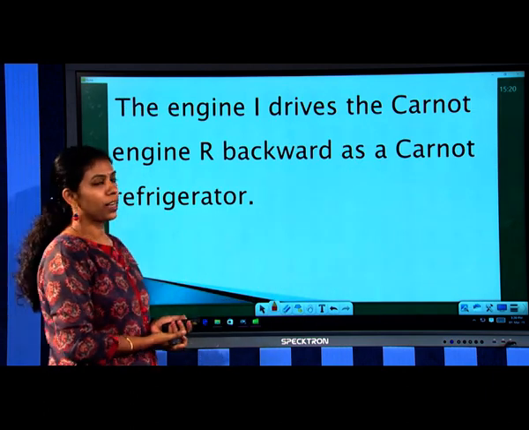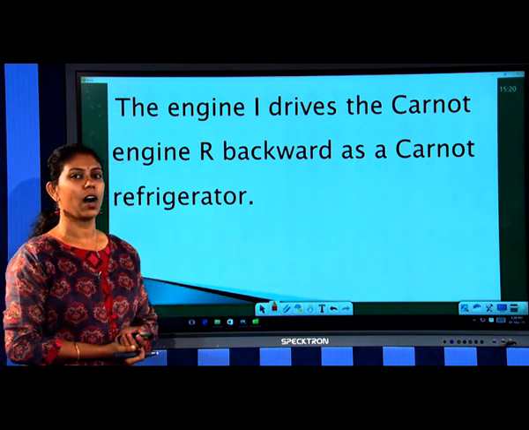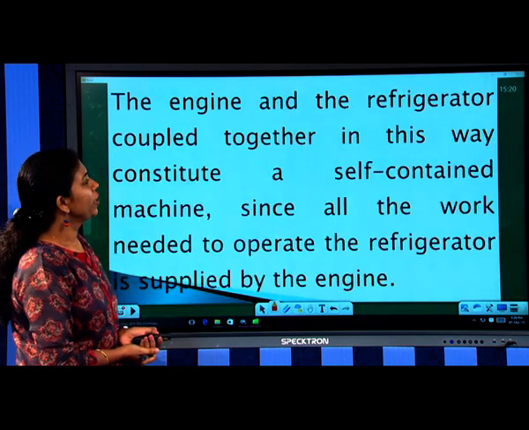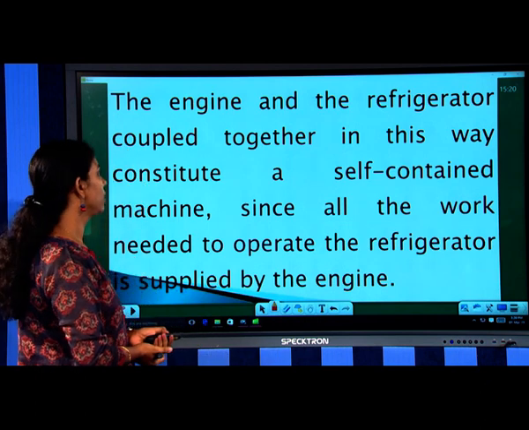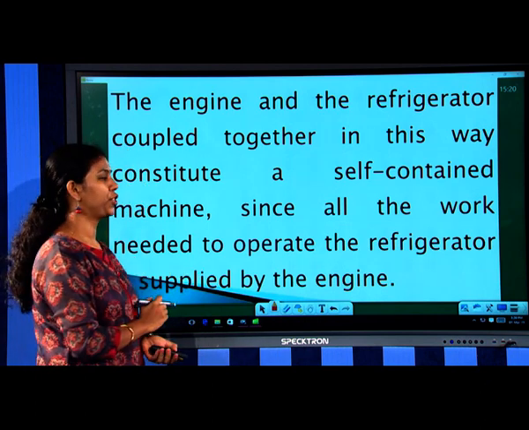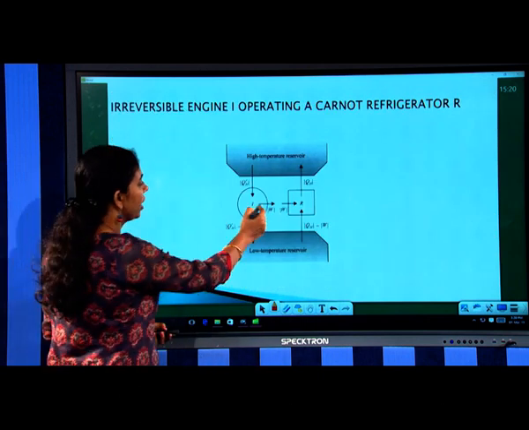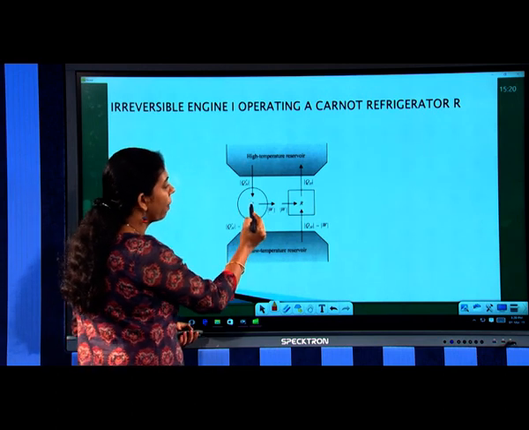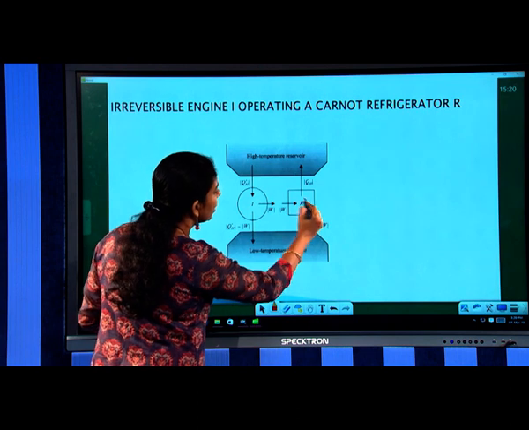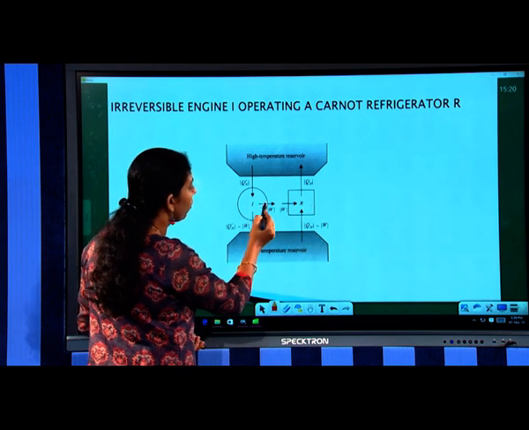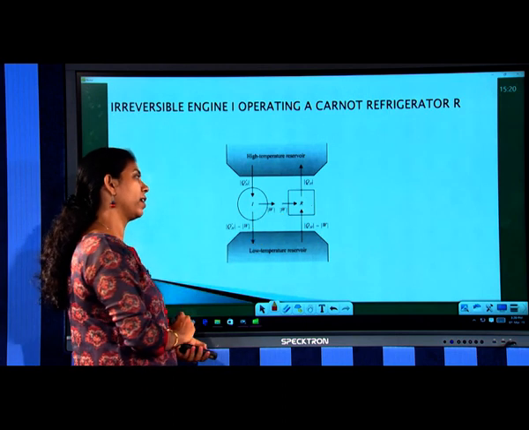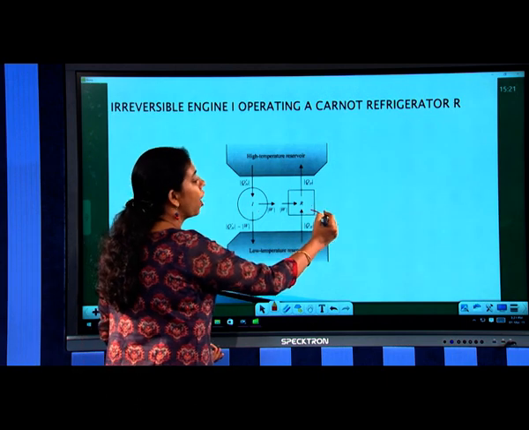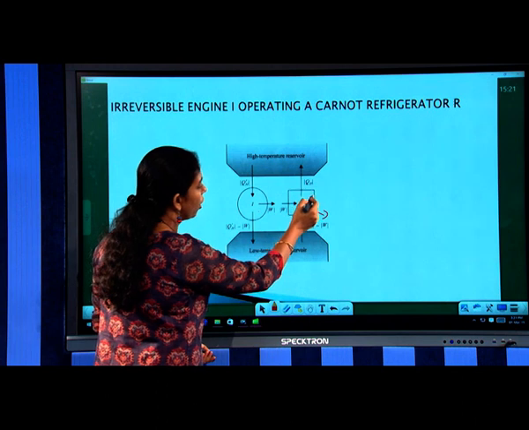Next, the engine I drives the Carnot engine R backward as a Carnot refrigerator. The engine and the refrigerator coupled together in this way constitute a self-contained machine. From this figure, it is clear that the irreversible engine I does work on the reversible engine R. It performs external work on R, so that the Carnot reversible engine becomes a Carnot refrigerator.